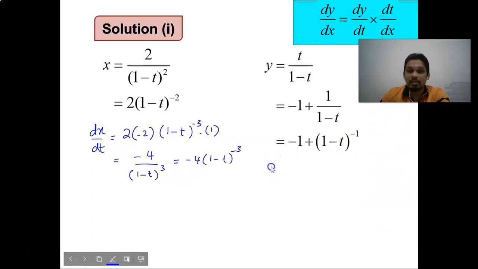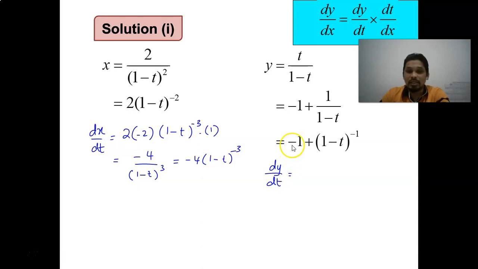And then dy/dt equals the derivative of negative 1, differentiating negative 1 equals 0. And then differentiate negative 1 here, multiplied with (1 minus t) to the power of negative 1 minus 1 equals negative 2, and differentiating 1 minus t gives negative 1. So negative 1 divided by (1 minus t) squared.